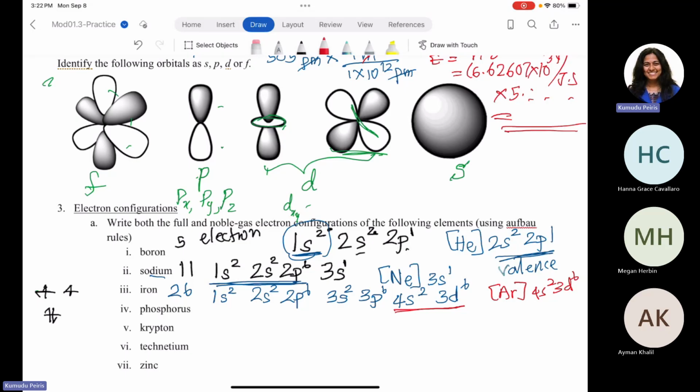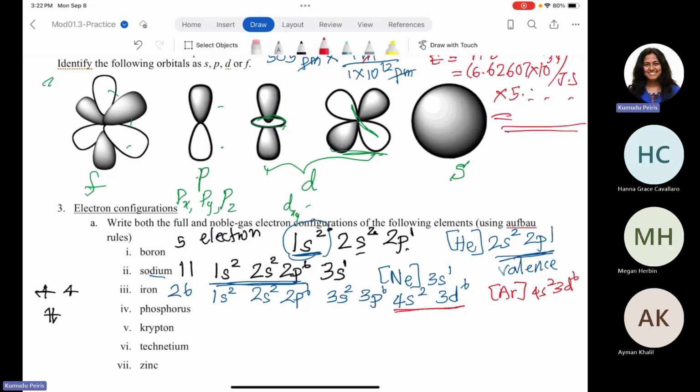What is the objective of the formation of an ion? The formation of an ion is to achieve the most stable noble gas configuration. So in that case, they'll choose the easier way to do that.